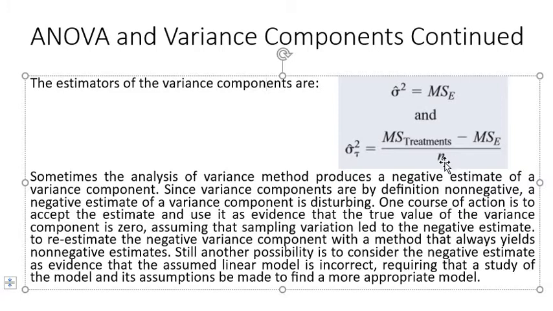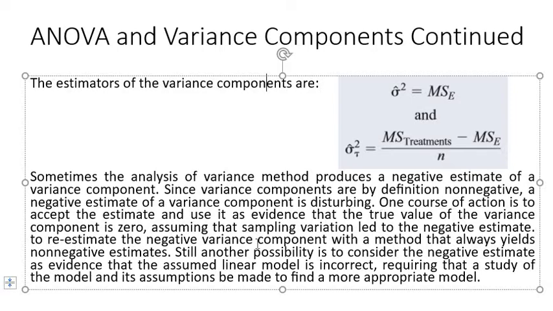Sometimes the analysis of variance method produces a negative estimate, so it is possible. But since variance components are by definition non-negative, a negative estimate of a variance component is disturbing. It might be affected by some factors. So this is one solution for that.